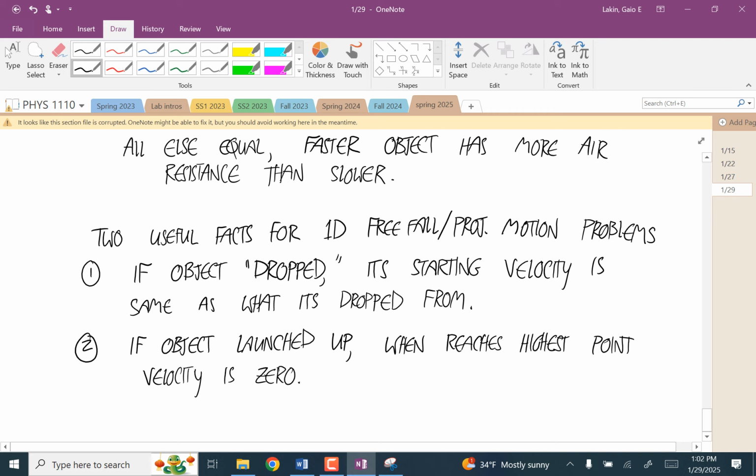So with this one, if you ever have a problem that mentions something about the highest point that something goes, you're just waiting to use the fact that the velocity is zero. You'll always use that. You can think of that as the definition of the highest point for us. Okay.